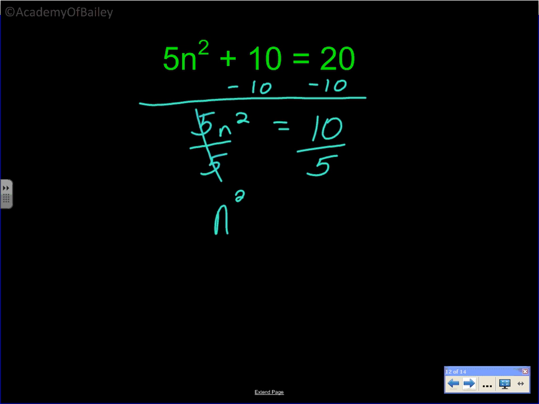So you're left with n squared is equal to 2. Take the square root of both. n will be equal to positive or negative square root of 2. One answer is positive, and the other answer will be negative square root of 2.